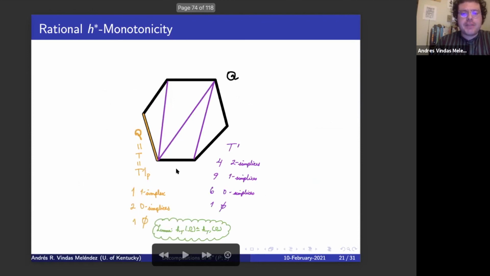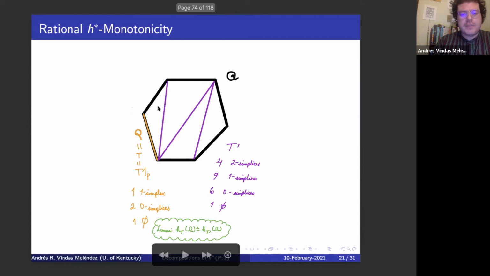And so maybe here's a picture to illustrate what I mean. Here's Q, and I'm going to say Q is the hexagon, P is just this line segment, and T, the purple, is my triangulation of T prime.